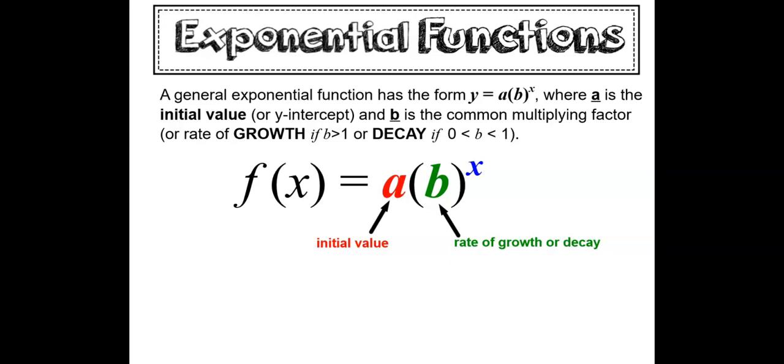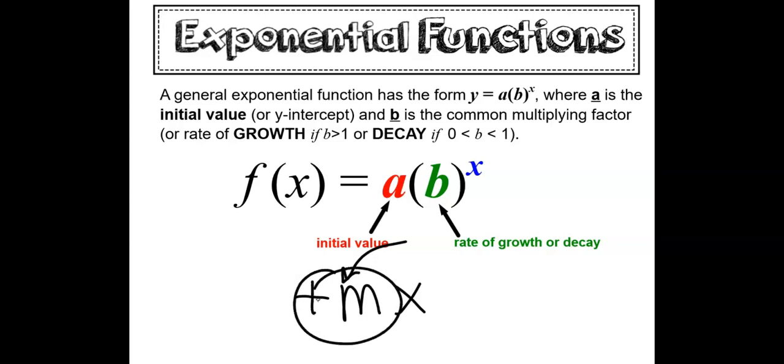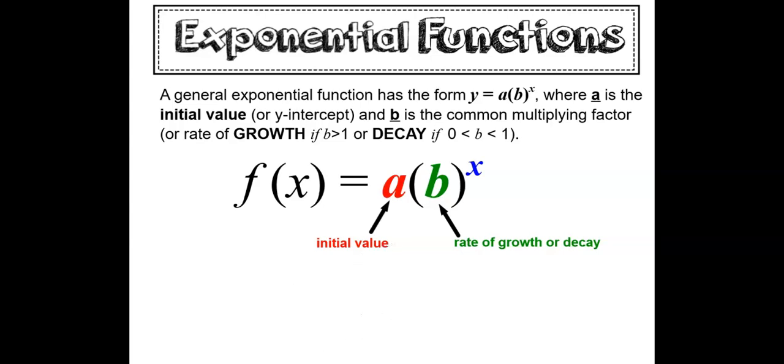Linear functions show increases and decreases with a negative or positive m value. With an exponential function, it is not going to be a negative value that tells you it's decreasing. But the number inside the parentheses here will tell you if it's growth or decay.